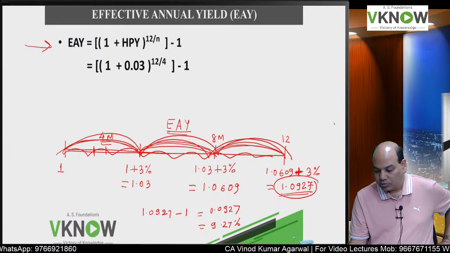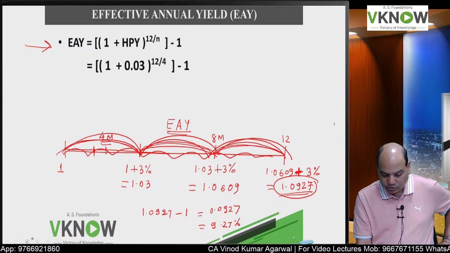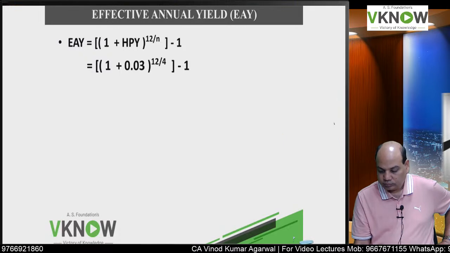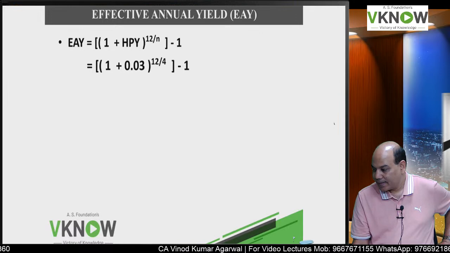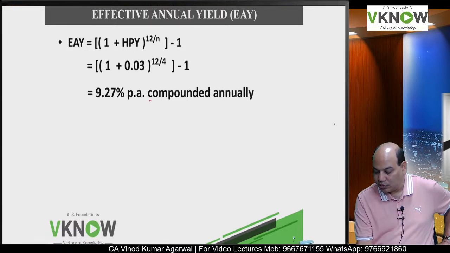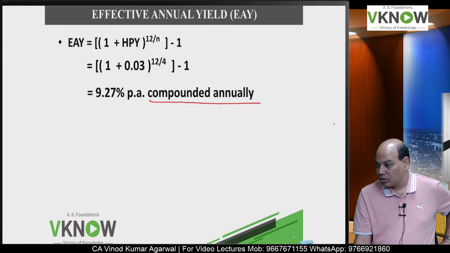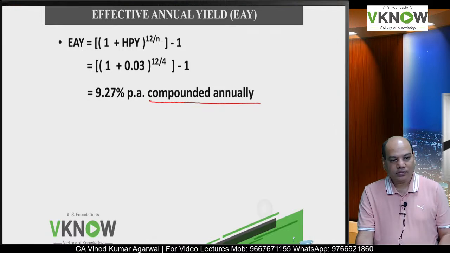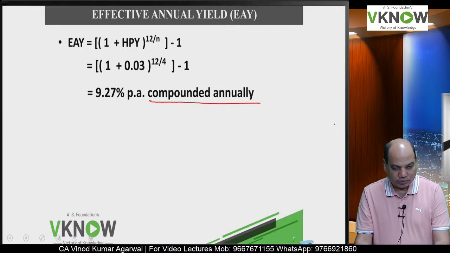To the power 4 minus 1. So how much is that? Solve it. Come on. You should get the same answer. 9.27% per annum. But this time you will write compounded annually.